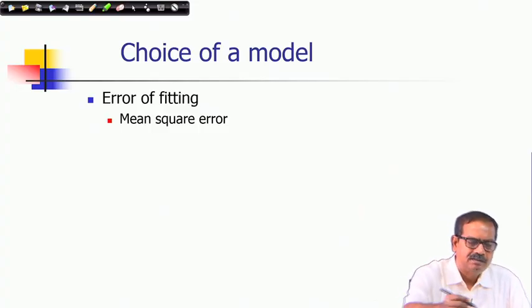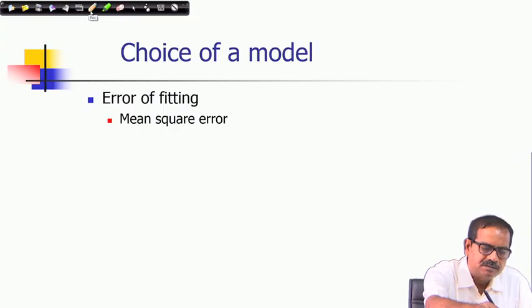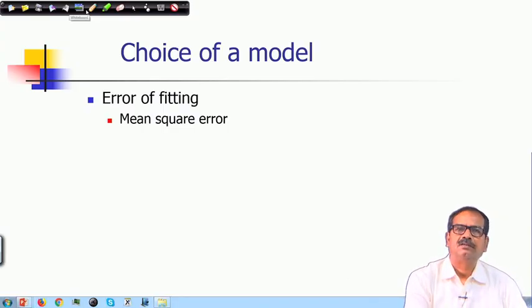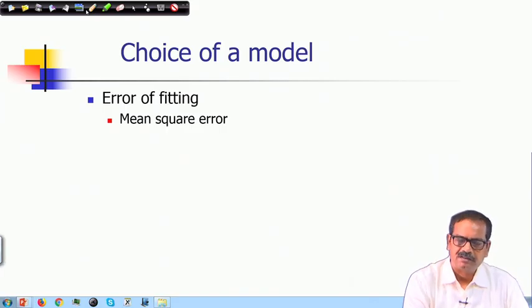Just to explain what is meant by mean square error, though it may be very clear to you through our different exercises. Just to elaborate that fact, suppose you have some data.